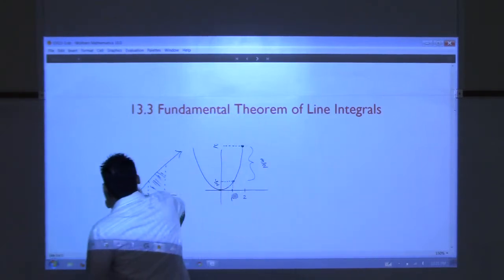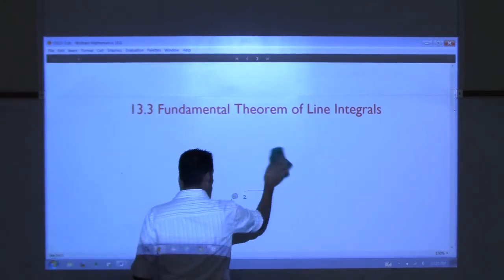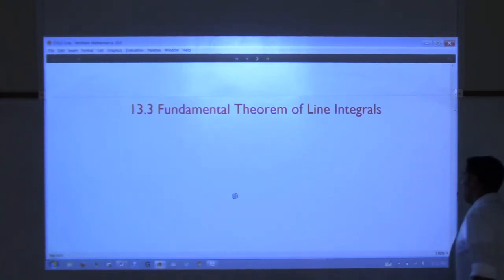All right, so now we move on to the fundamental theorem of line integrals, which is quite remarkable. It says the following.